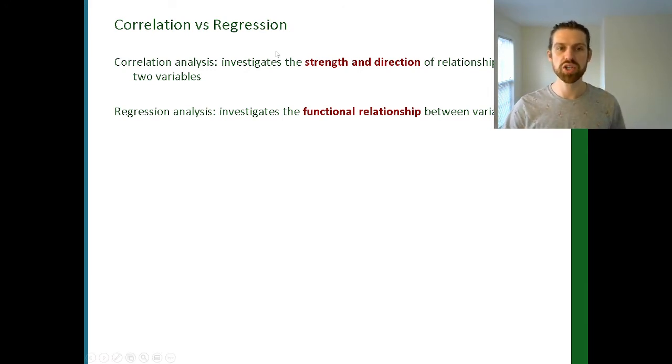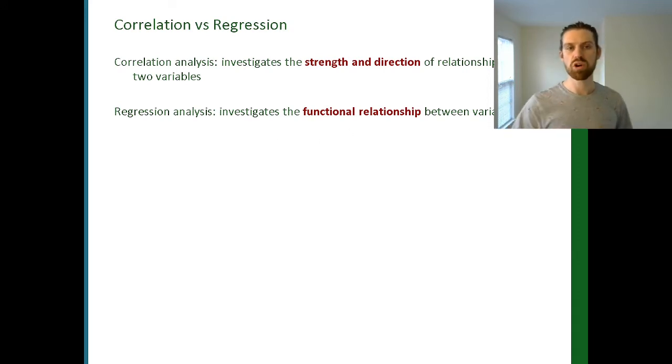In the correlation analysis, we were looking at the strength of certain relationships and the direction of those relationships between two variables. Whereas with regression, we're looking at the functional relationship between those variables.